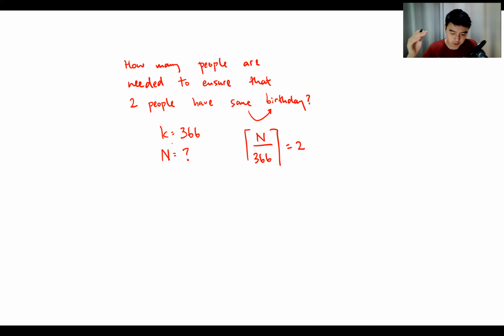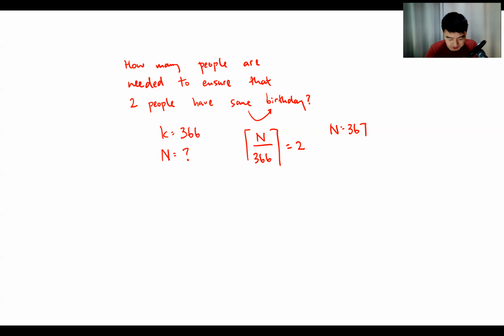But what if we had one more? What if our n was 367? Now, if it was 367, then it would be enough, because it would be 1 point something, and we take the ceiling, and now it's equal to 2. So the answer would be 367. Now, you might say, well, that's intuitive, so obviously I could have guessed that.